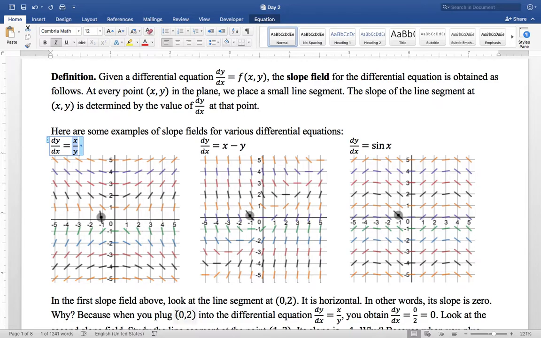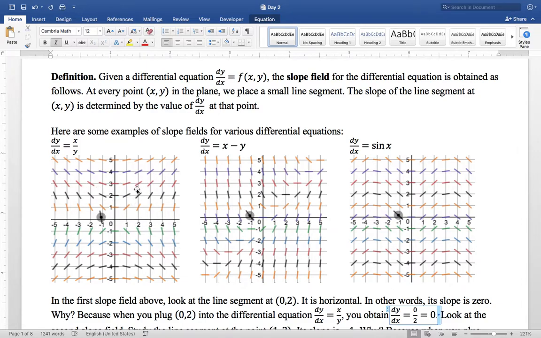If you plug (0, 2) into dy/dx = x/y, replacing x with 0 and y with 2, you get 0/2, which is equal to 0. So in other words, recapping, the reason that this line segment at the point (0, 2) has 0 slope is because when you plug that point into this equation, you get 0. And that's what dictates the slopes of all of these line segments.